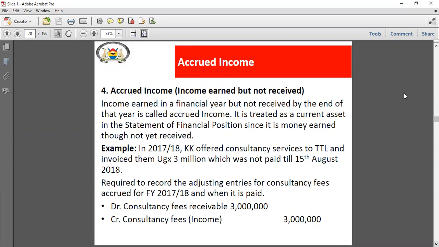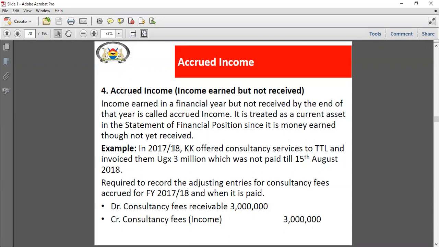As you can see, an example here, in 2017-2018, KK offered consultancy services to TTL and invoiced them Uganda shillings 3 million, which was not paid until 15th August 2018.